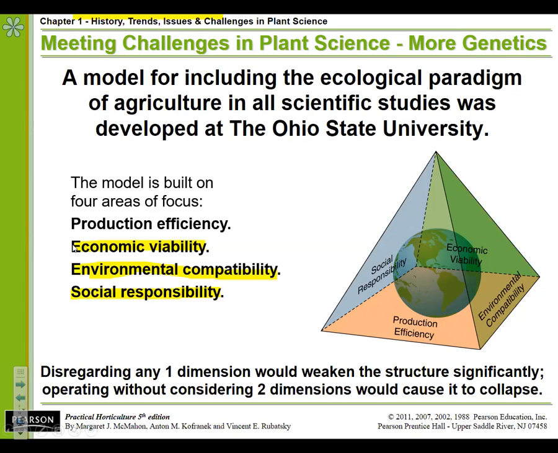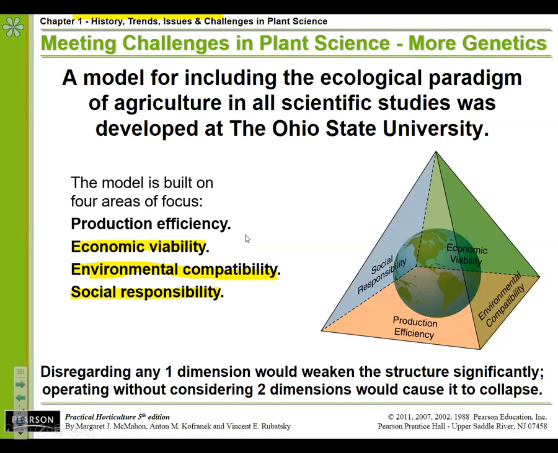So lots of things go in with the economic viability piece that are connected to that production efficiency. How can we use fuel efficiently to the point to where it is cost effective? For instance, using a tractor to plow your field.